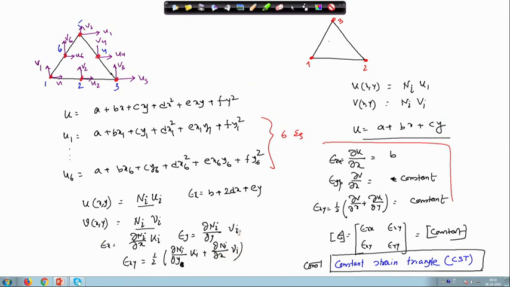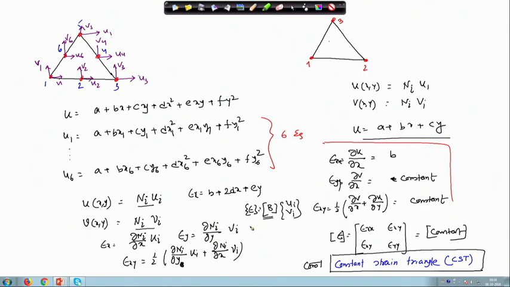So, this gives you a strain displacement relation. This you can write as epsilon equal to some B matrix into u_i and v_i, right.